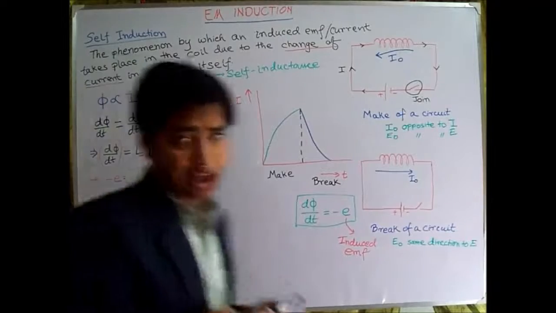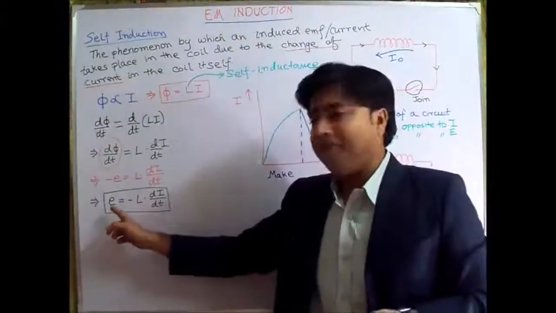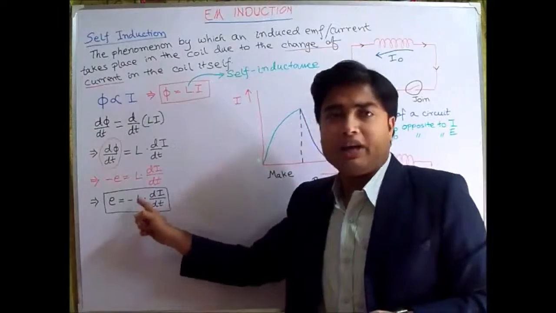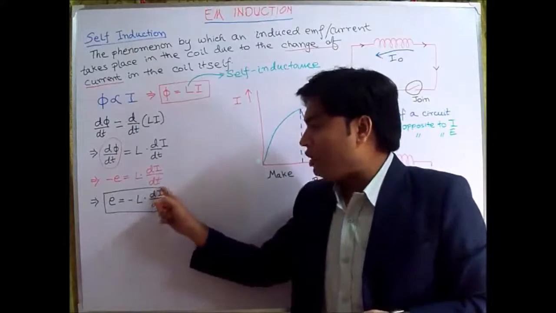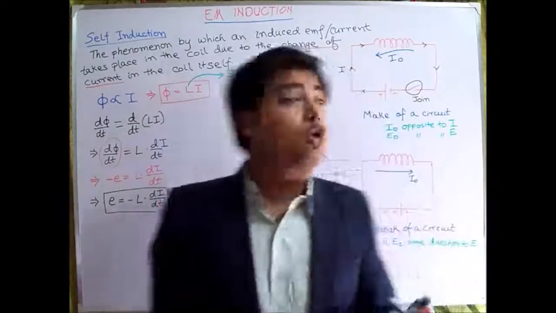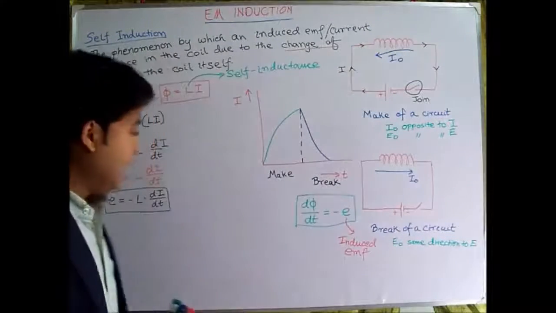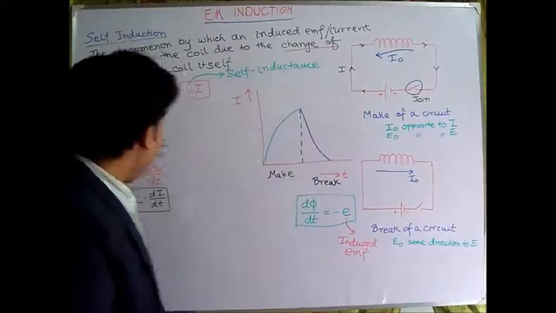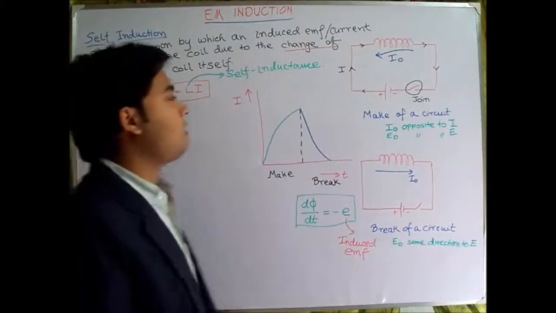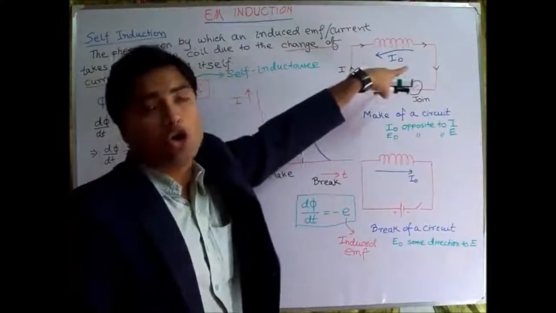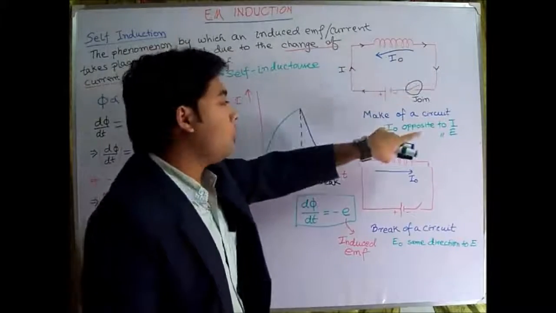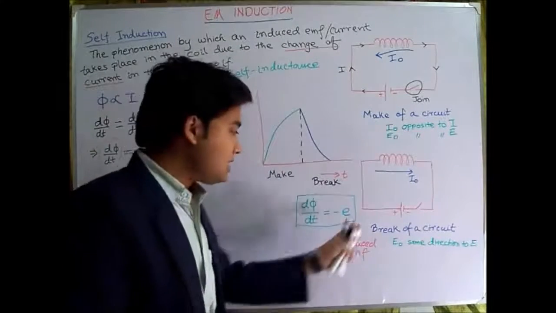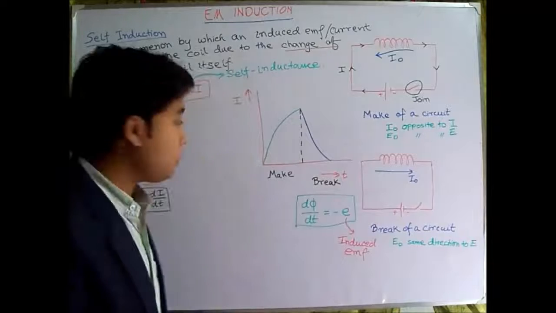This is the expression for the induced EMF, the self-inductance of that coil, and the rate of change of current in the coil itself. Okay? This I stands for this I. And this E is responsible for the making of I naught, or I zero, or the opposite. This is the case over here also.